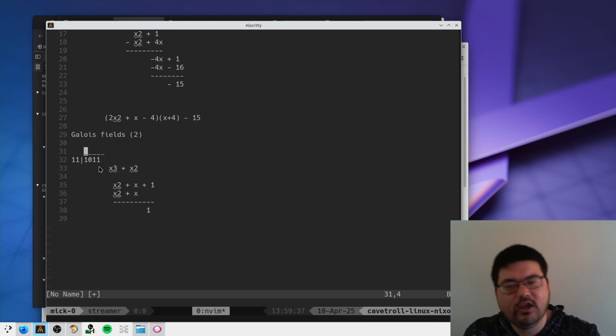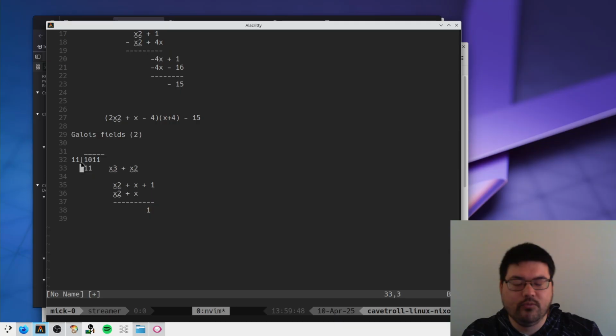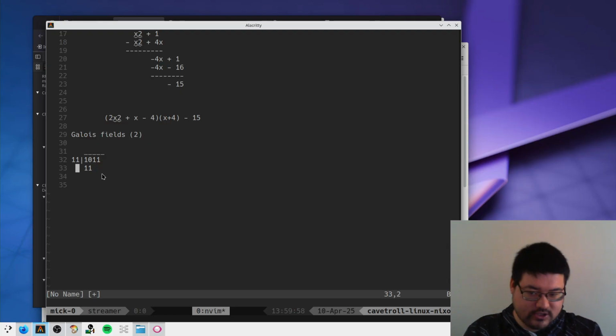So here we would say we need to multiply by something to make it line up, right? So we take the 1-1 here. This is essentially saying we take our x plus 1 and multiply it by x squared to get it to x cubed plus 0x. We do this subtraction, right?